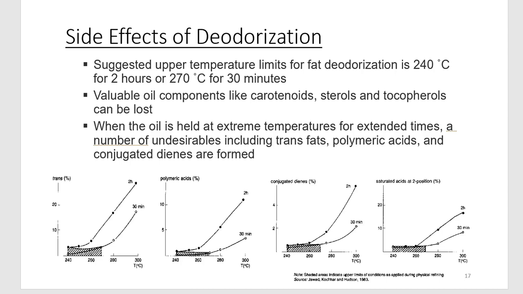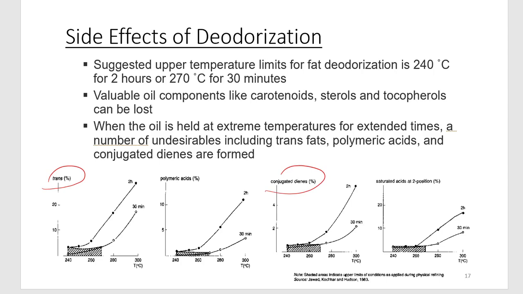Here, high temperature is good to increase the yield, but it also increases the formation of, for example, trans fatty acids, which is bad for health, and causes formation of some oxidation byproducts such as conjugated dienes, which is undesirable.